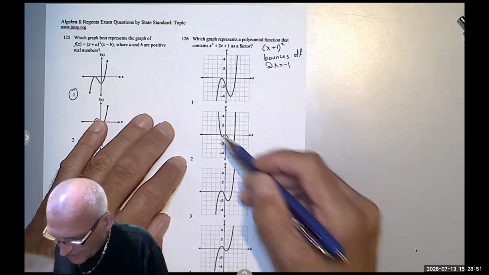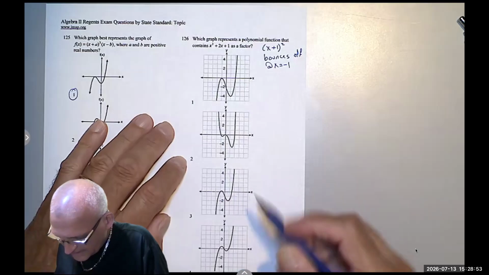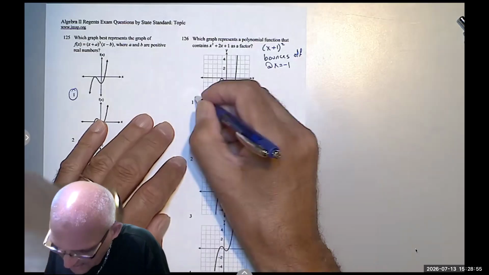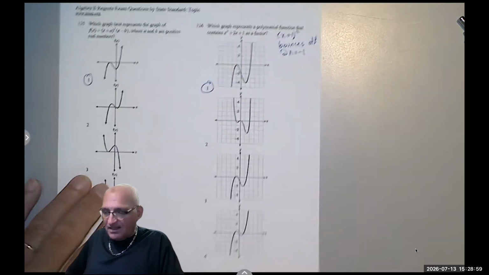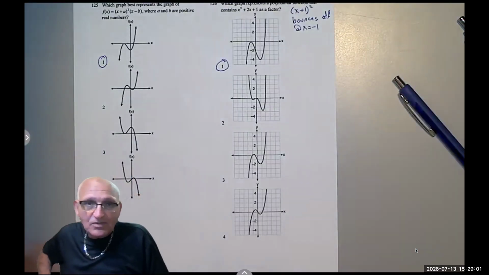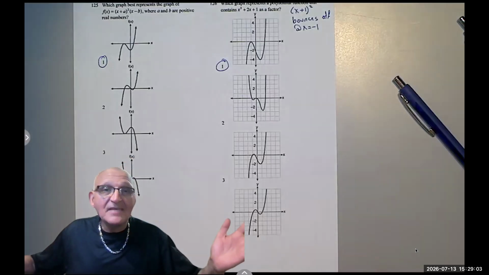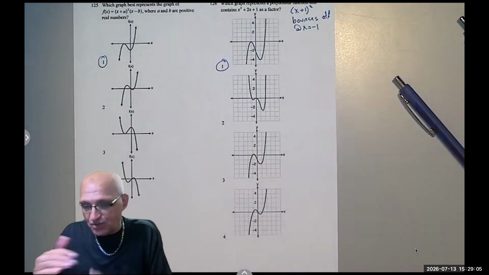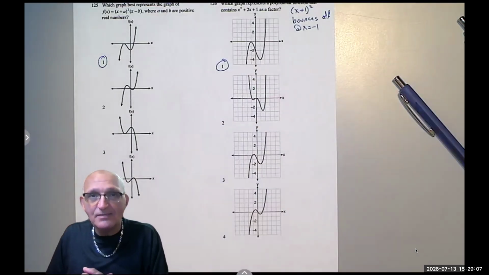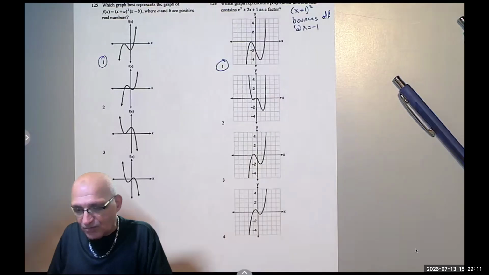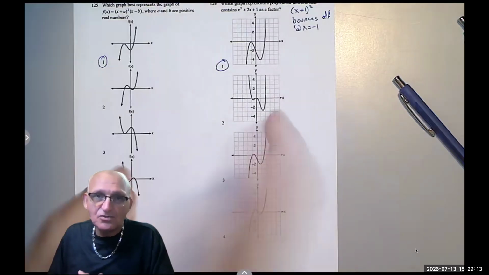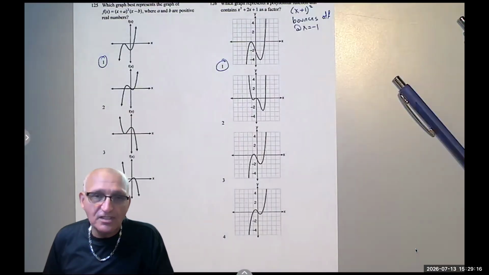At -1 crosses, at -1 crosses, at -1 crosses. So this is the only one that bounces back at x equals -1. And that's how easy it is to find which type of graph will have those factors, or whatever the problem is today.